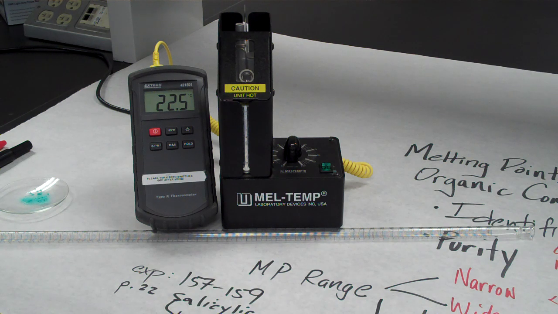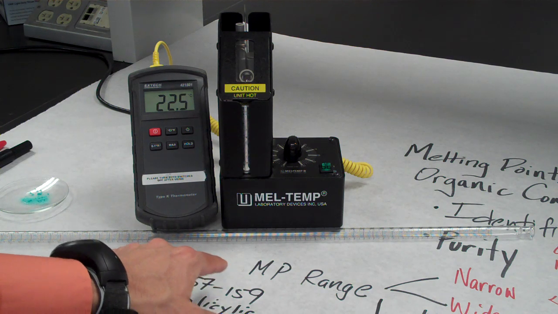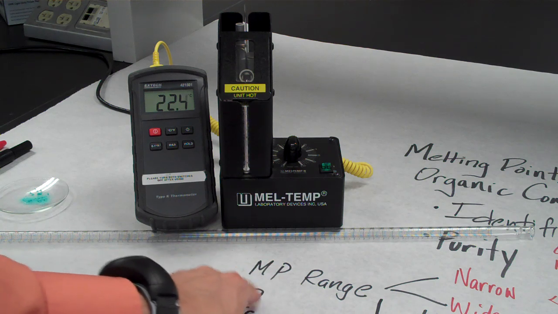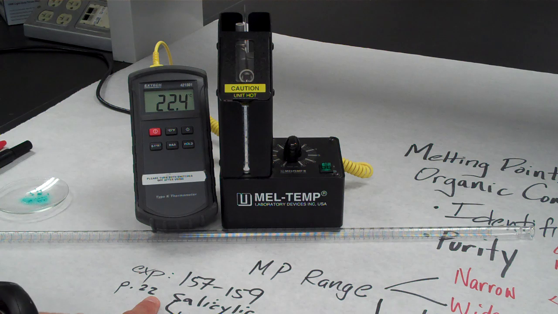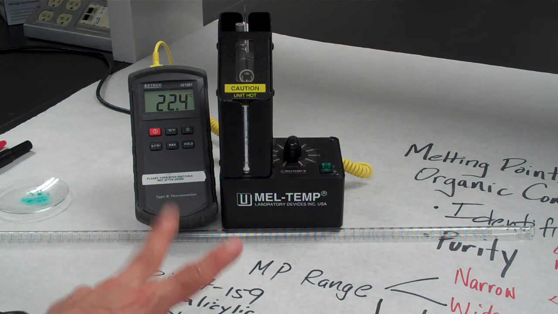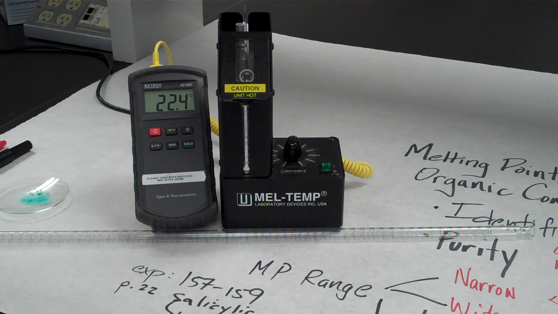If you cannot identify your sample immediately, like if there's more than one possibility, you would want to make mixed samples with each individually, each of the potential identities of your unknown, so that you could see which one maintains the narrow range when you mix them together.